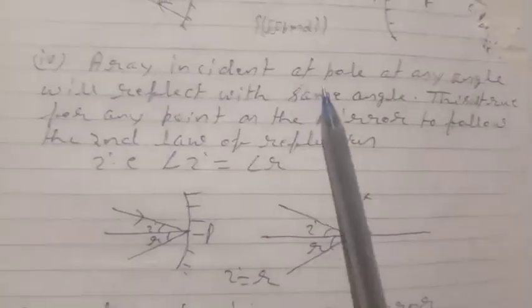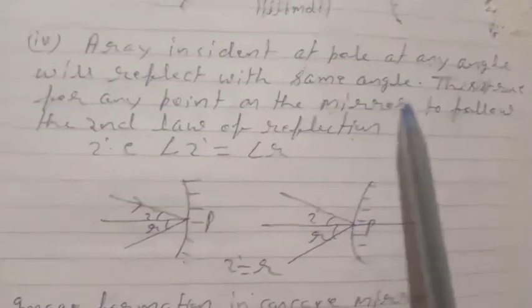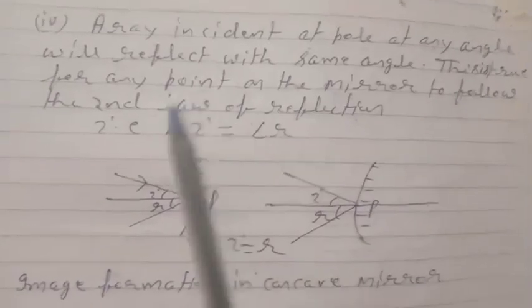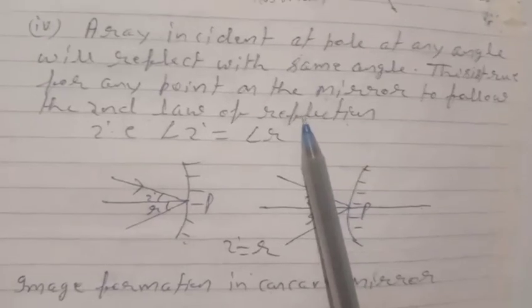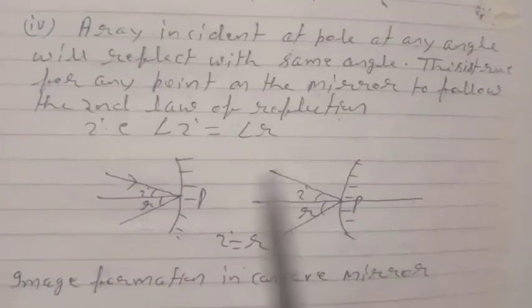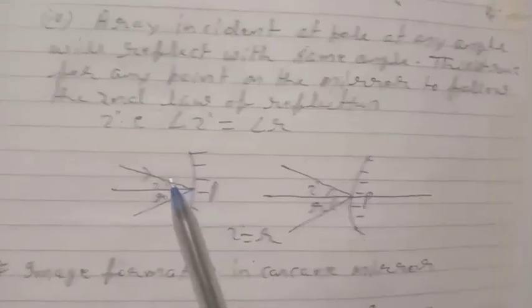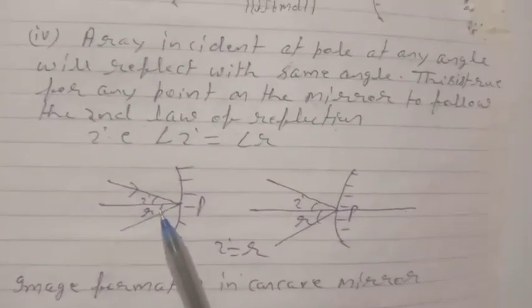Fourth, a ray incident at the pole at any angle will be reflected with the same angle. This is true for any point on the mirror, to follow the second law of reflection. Here a ray is incident at the pole, so if this angle is i, this angle must be r.